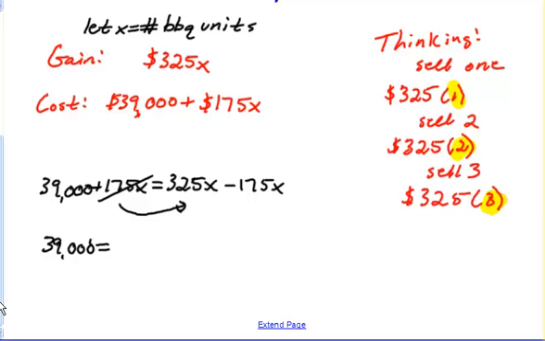Equals, and what are those two numbers subtracted? 325 minus 175. To get X by itself, I want to get rid of the 150. It's attached by multiply, so the opposite of multiply is divide. Divide both sides by 150. What's X equal to? Somebody interpret that. Tell me what that X equals 260 means.